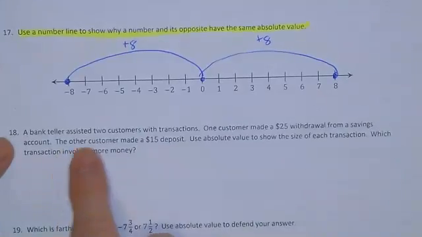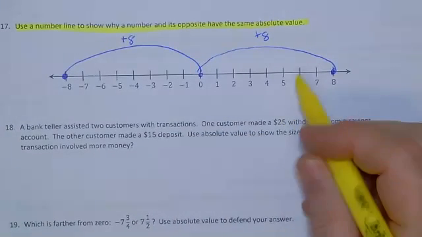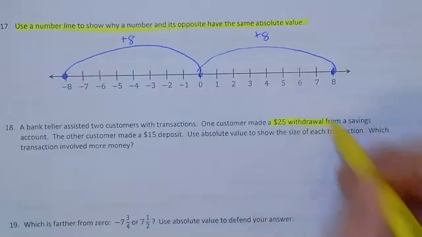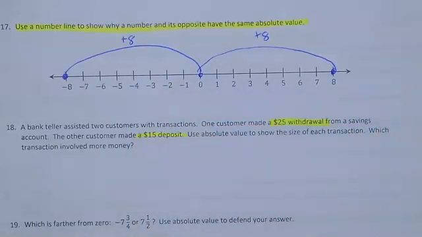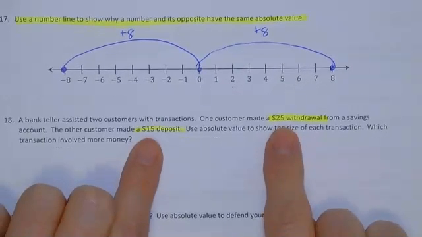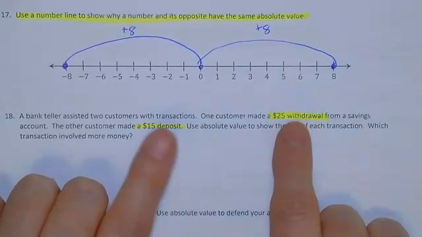A bank teller assisted 2 customers with transactions. One customer made a $25 withdrawal. The other made a $15 deposit. Which of those involved more money? This one's negative, this one's positive. This one's 25, this one's 15.